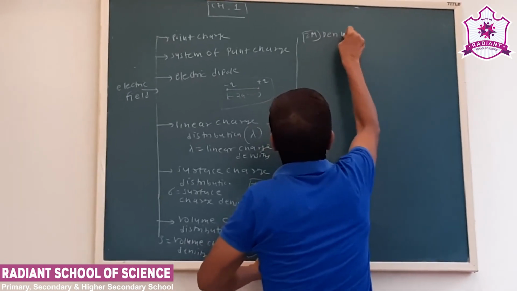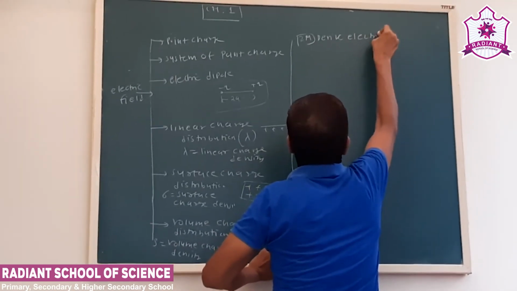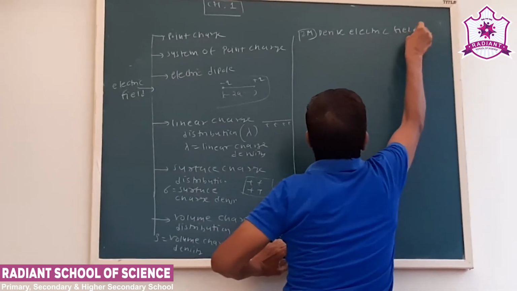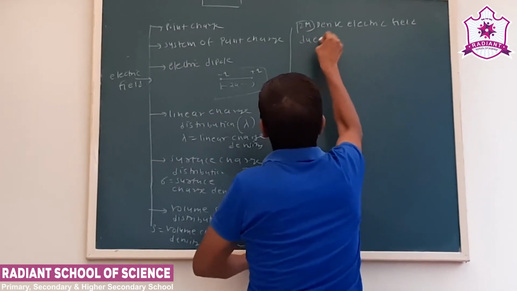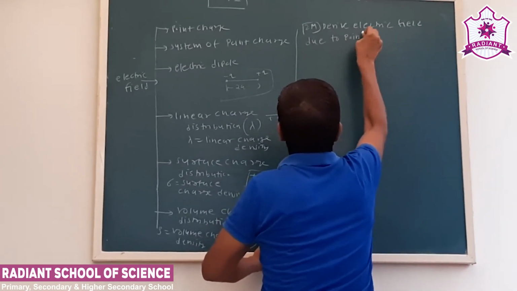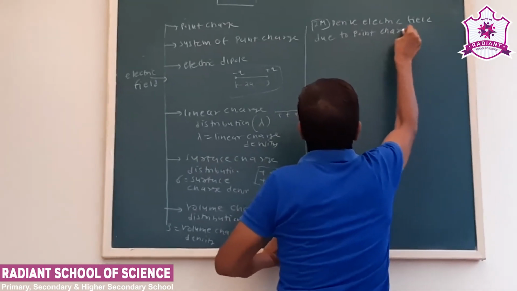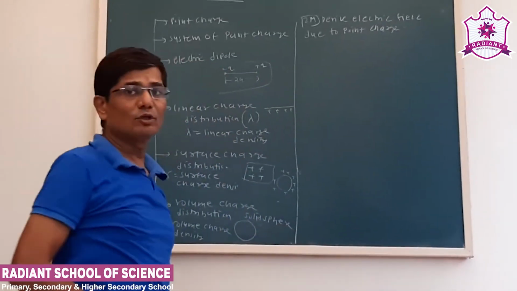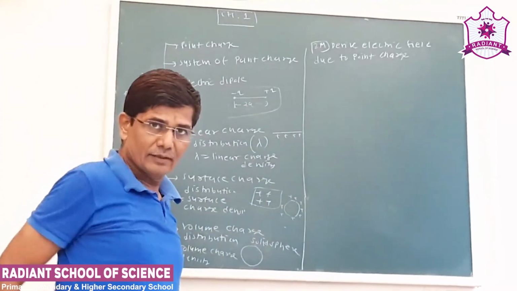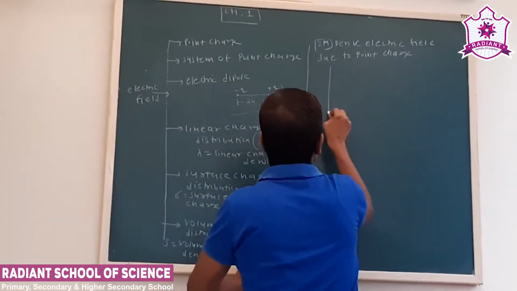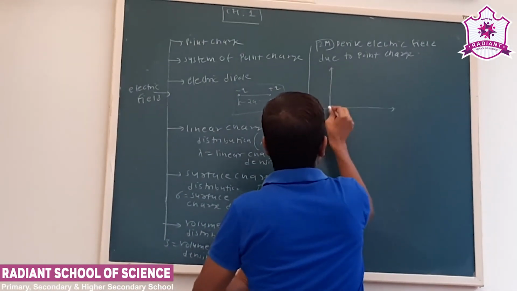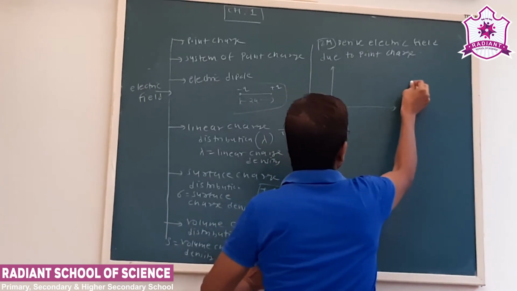Derive electric field due to point charges. Okay. Now let us say, see, Q charge is at the origin.